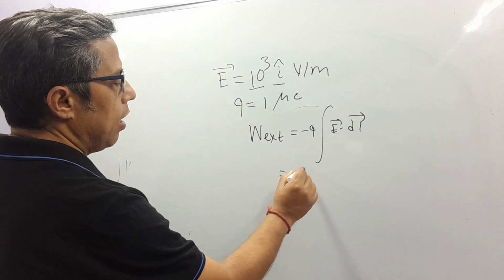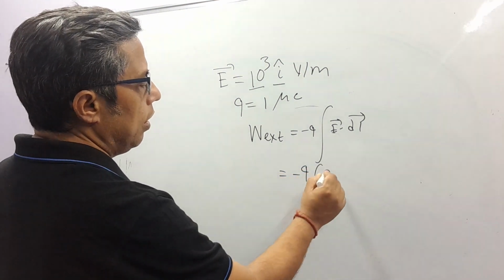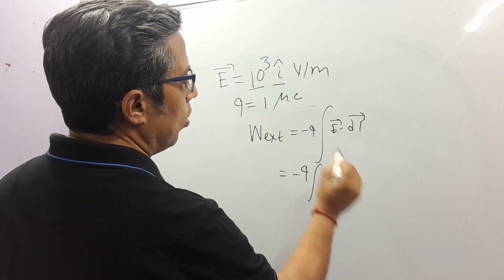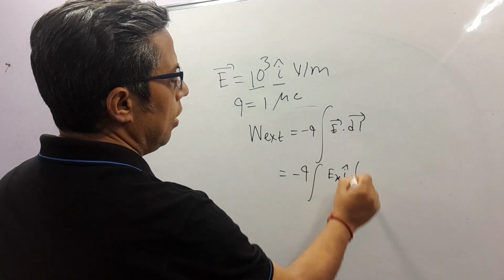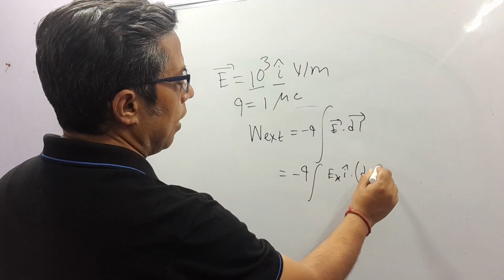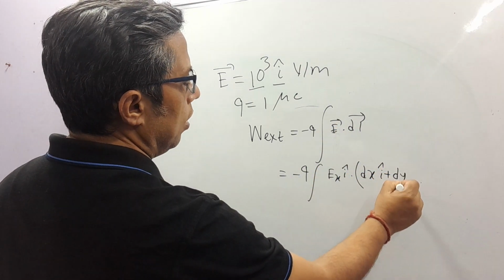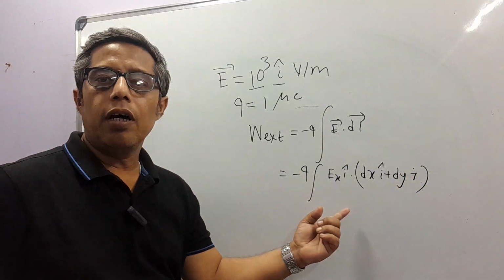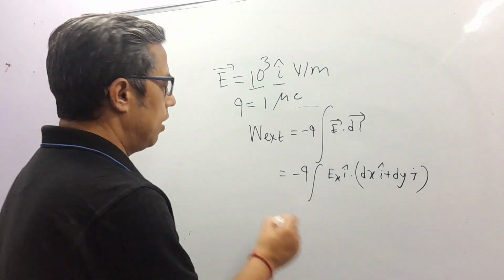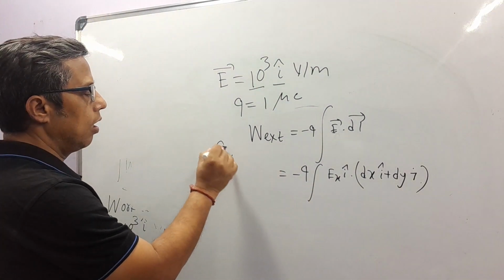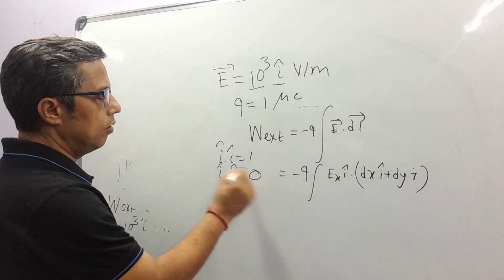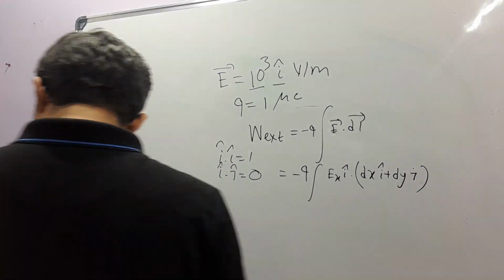So it will be minus Q E, let's take the x component with i cap, with the dot product, right? This is the dot product, and dl is equal to dx i cap plus dy j cap. So if you do the dot product, what we are getting is that i dot i is equal to 1 and i dot j is equal to 0, right?